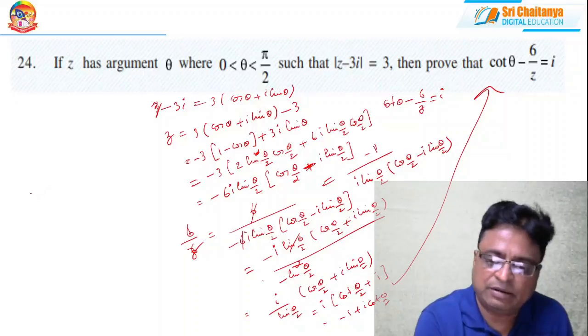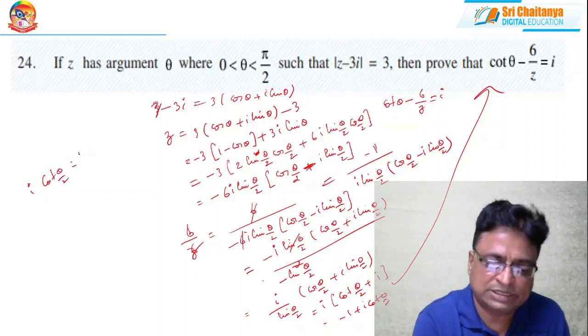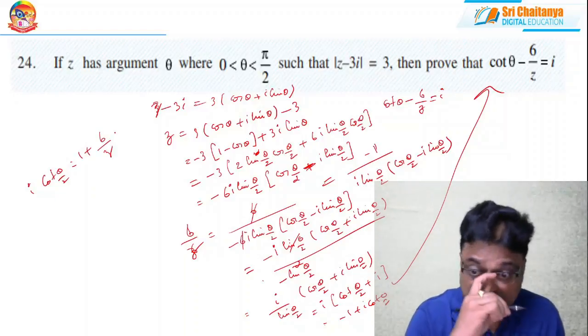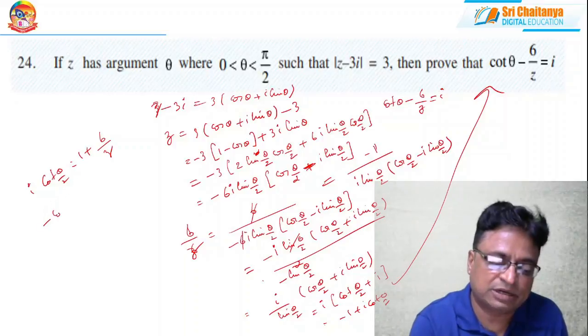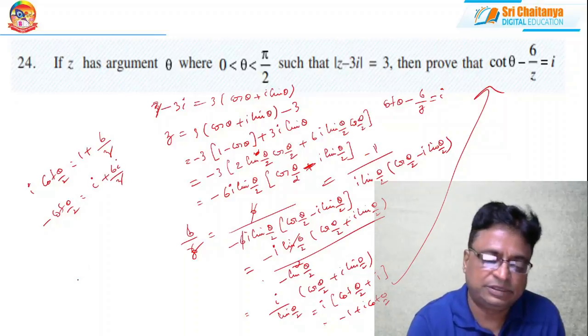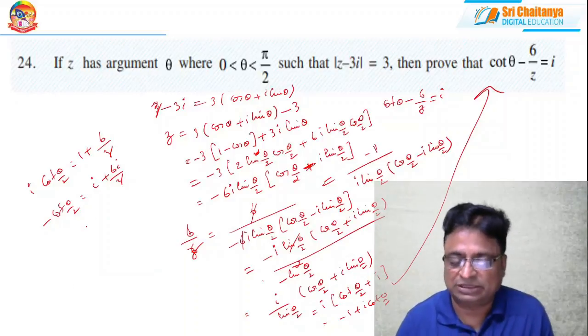So i cot theta by 2 is equal to 1 plus 6 by z. So if you have multiplied with i, so minus cot theta by 2 equal to i plus 6i by z. So this is again cot theta by 2.